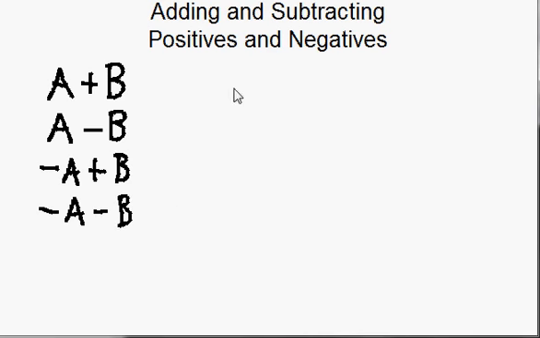Now you might say, well, what about A minus negative B? Well, whenever you have a negative right next to a negative, you can combine the two negatives together into a positive.